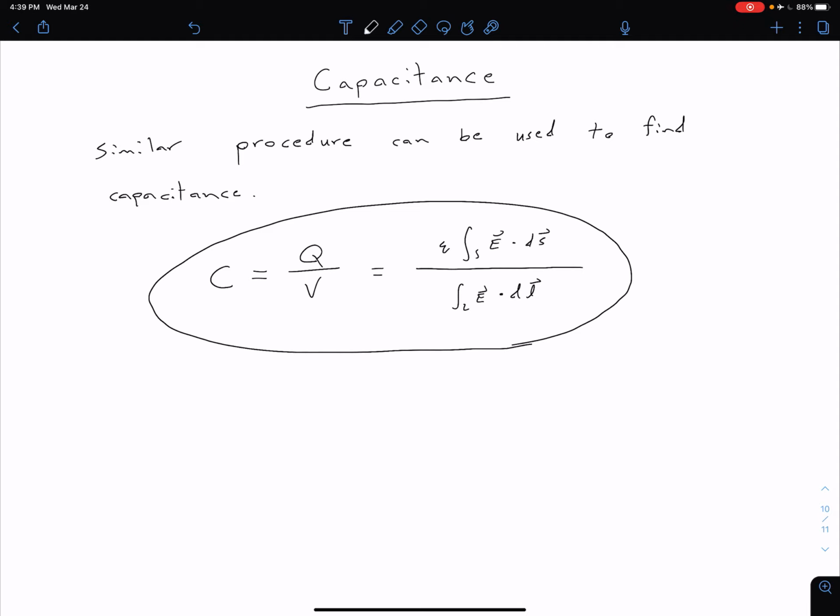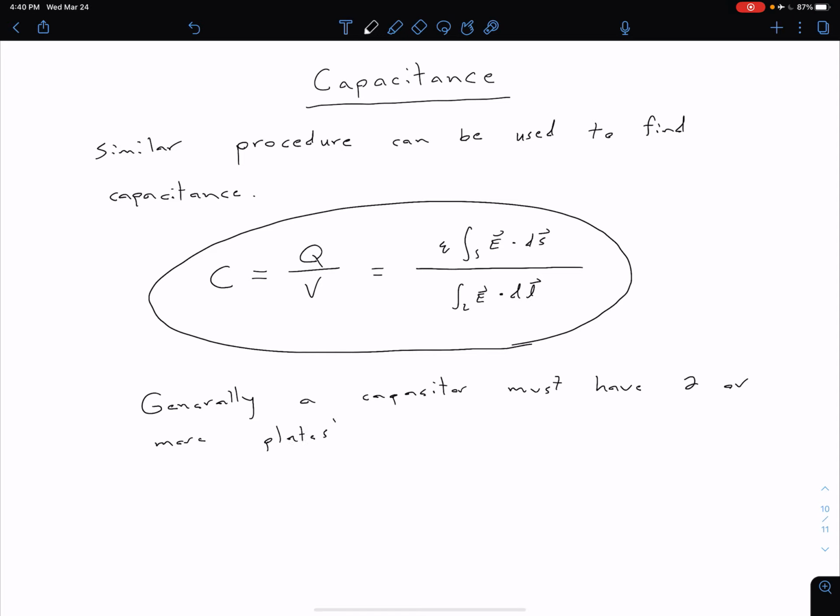So another note too is that in general, our capacitor is going to have two or more plates that are going to have equal but opposite charge. So generally, a capacitor must have two or more plates.